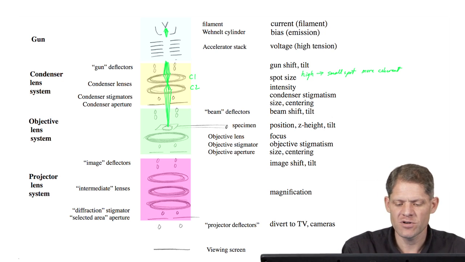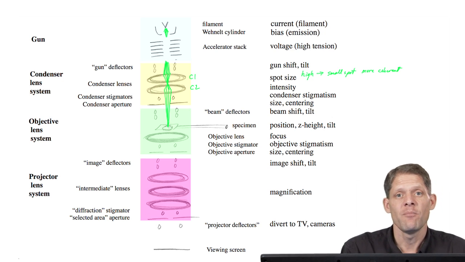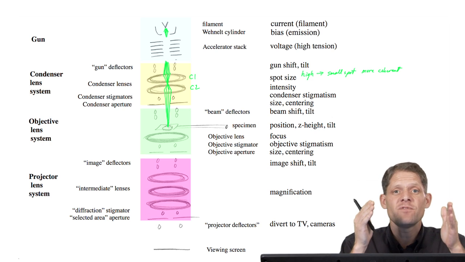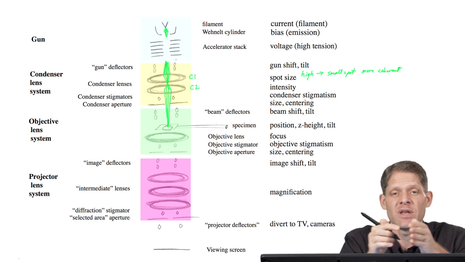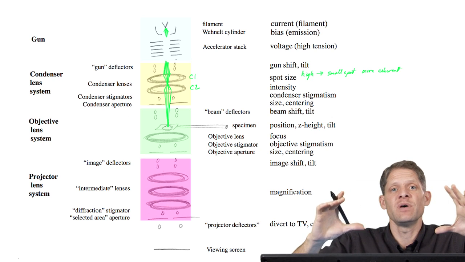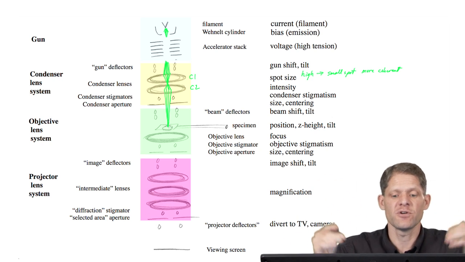Now, I drew it first like this, where all the electrons would appear to hit exactly the same spot on the specimen. But in fact, usually you don't want to focus your beam so it hits in exactly the same spot on the specimen. Instead, you want to spread it out a little bit and illuminate a region of the sample big enough to fill your image.